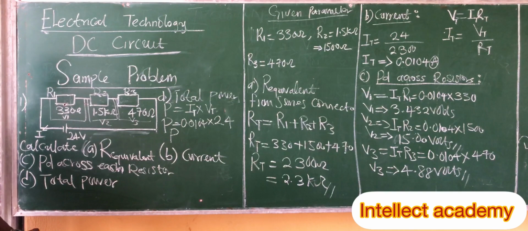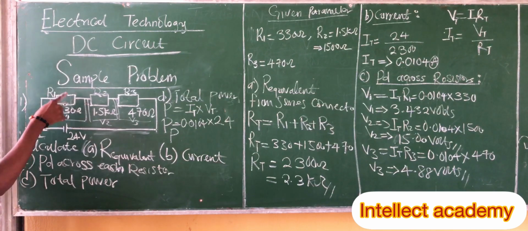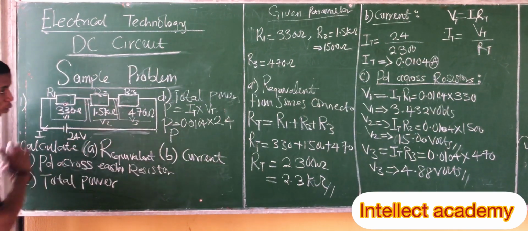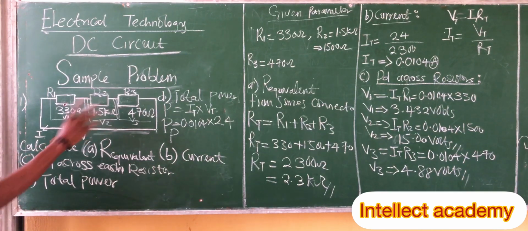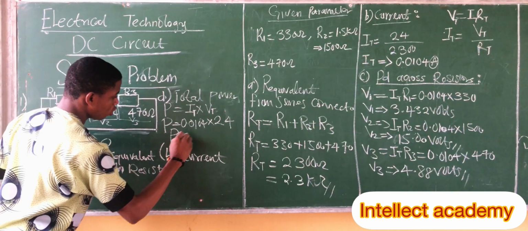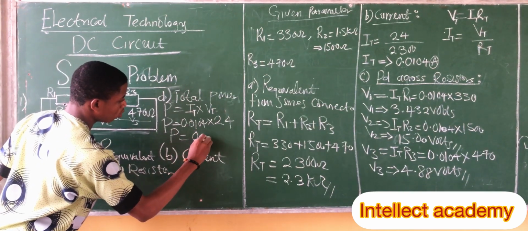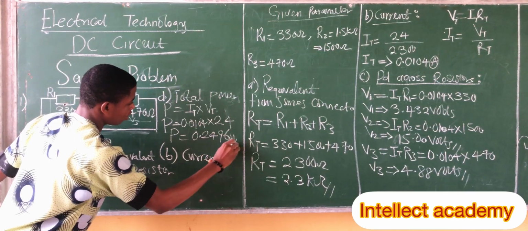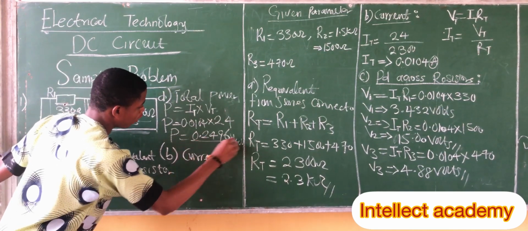The second concept is calculating the power at each resistor, then summing all of them. Let's do this one first. It is 0.2496 watts. So this is the value for the power.